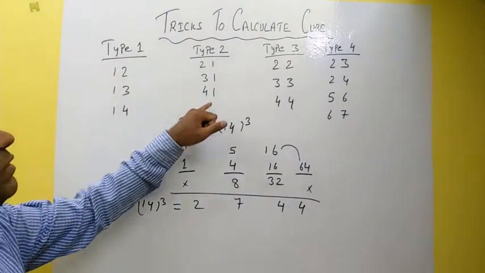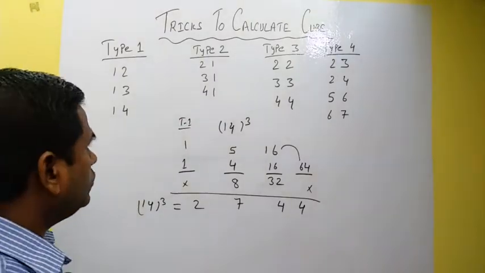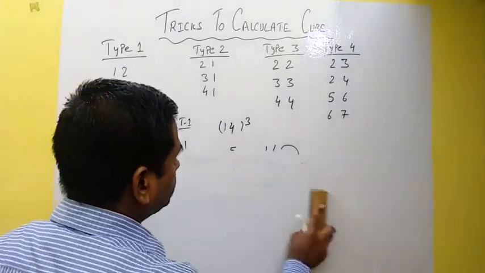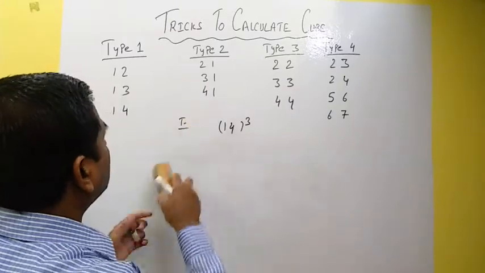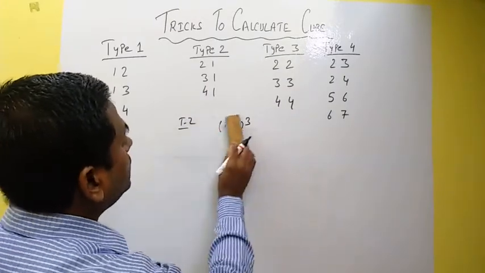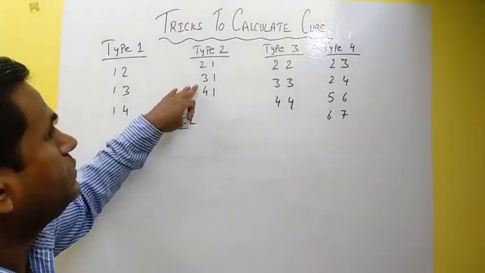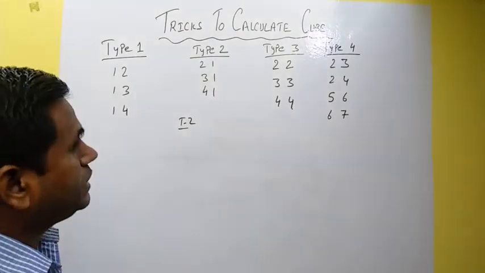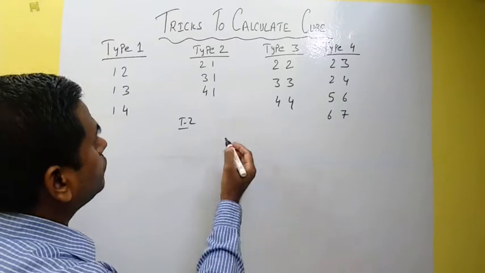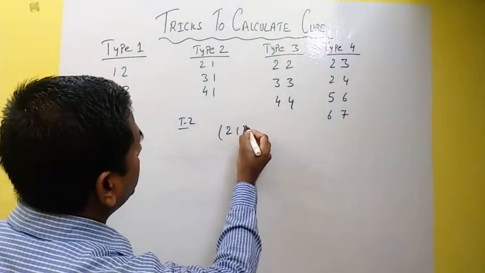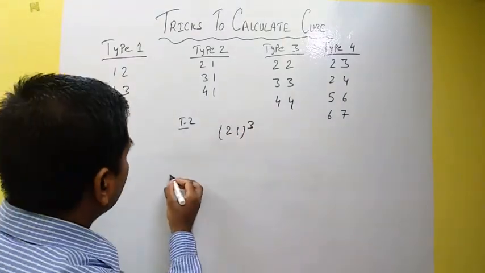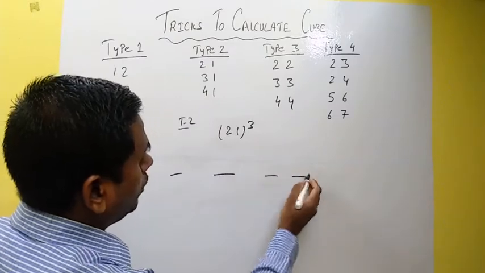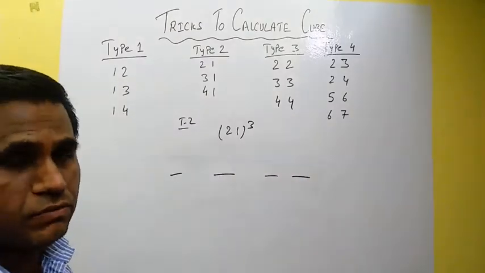Now we will solve problems from type 2. Okay, so I'll erase this here. This is type 2. In type 2 we have these numbers 21, 31, 41. So basically the idea is that the number ends at 1. So for 21, same steps, 4 digits we will take.